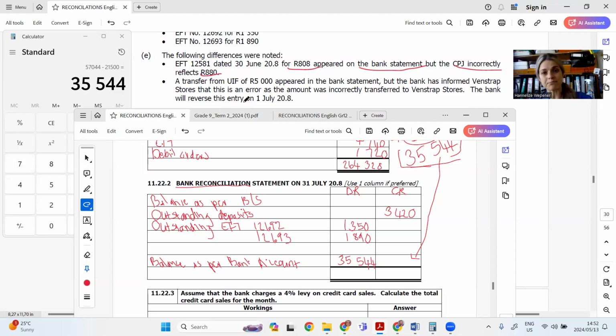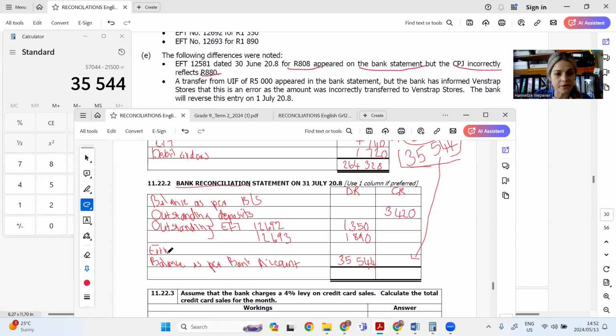So in other words, the bank credited our account with 5,000 Rand because it's a transfer from the UIF. If it's from someone else, it means that it increased my bank account balance, so it was a credit. But this is now an error that the bank made. So remember that errors that the bank made have to be fixed on the bank reconciliation statement.